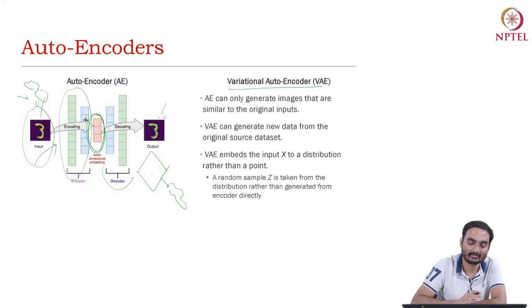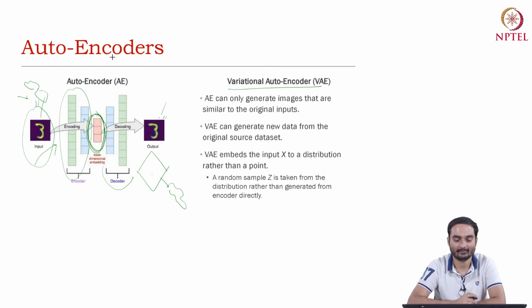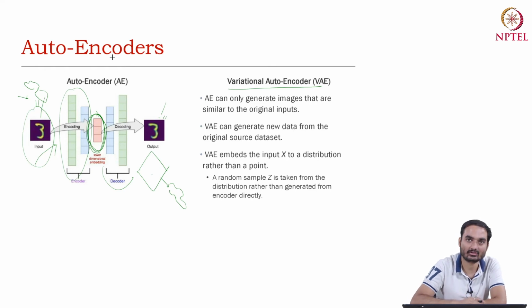So the idea is that this latent space follows some distribution, and in VAE the assumption is that this distribution is a Gaussian distribution. When it's multivariate, when you characterize a Gaussian distribution, what do you need?